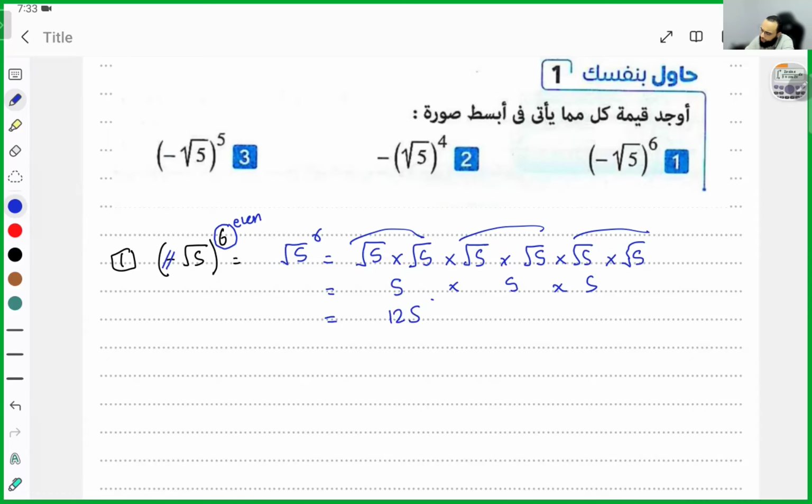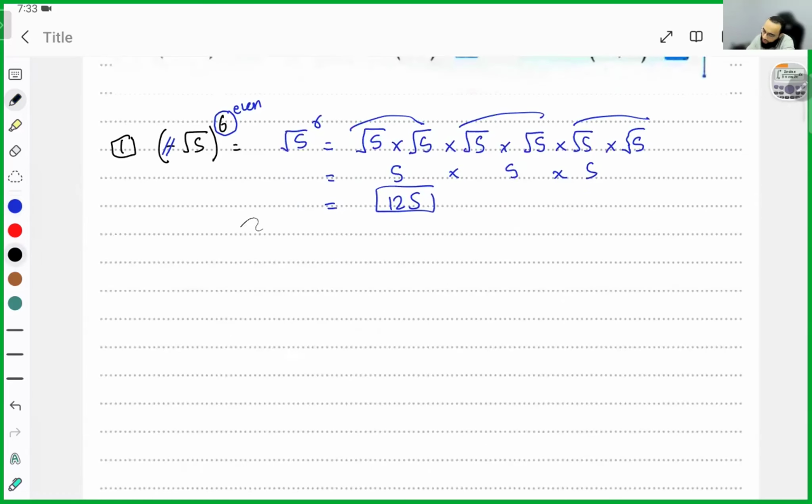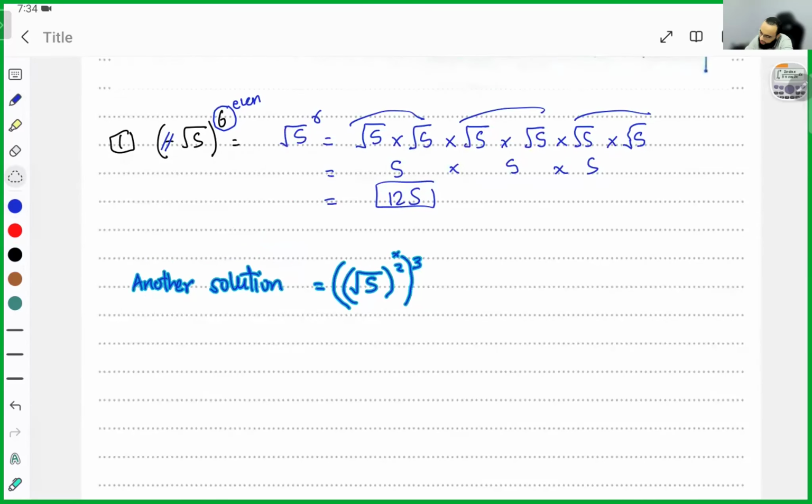You can do it another way. Someone told me, Mister, I'll do it like root 5 power of 2 power of 3. Is it correct? Yes, because 2 times 3 equals 6. So instead of the 6, you can write 2 times 3.